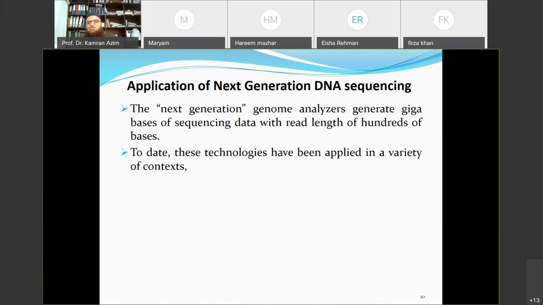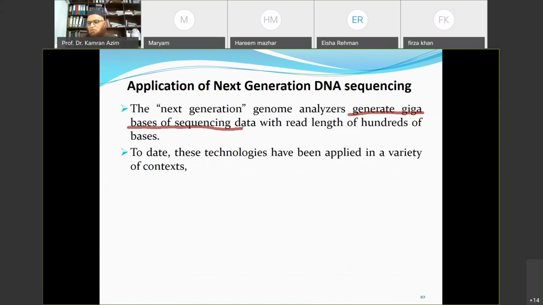Next generation DNA sequencing can generate billions of base pairs at a time. It can generate gigabases of sequence data.